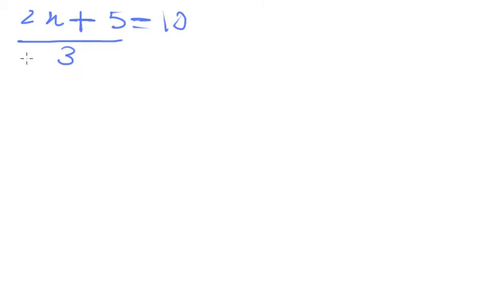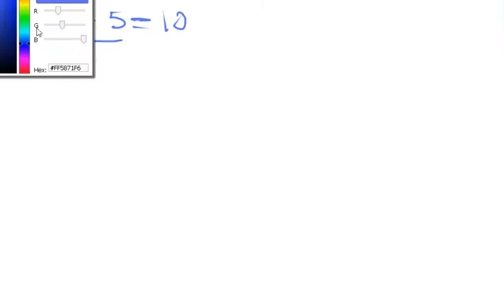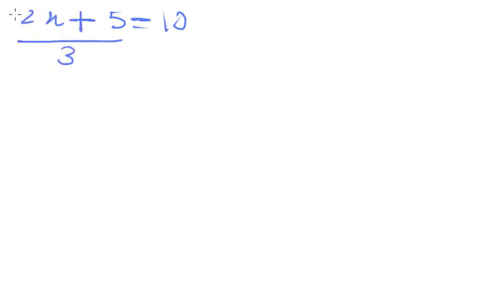Let's first go the same way, because that's a little bit time consuming, but let's do it the same way first. I have this part of it divided by 3, and I want to get rid of it. The relationship between 3 and x is division. So what I have to do is multiply the whole thing by 3.